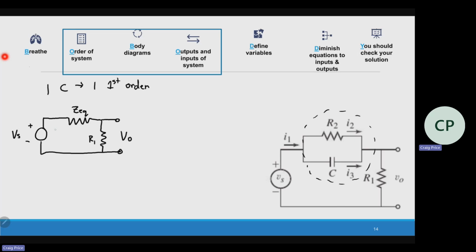And so instead of having 3 different currents, this is also the helpful thing about this. Instead of having to care about I1, I2, I3, we're just going to have one I1 going through here. That's the same current going through the equivalent, going through R1, finishing up that loop.